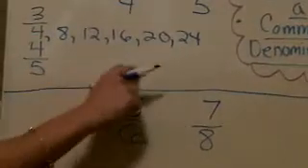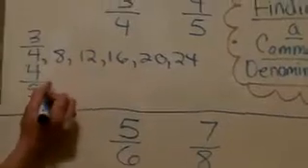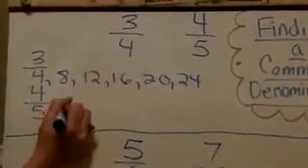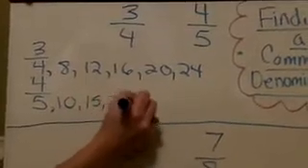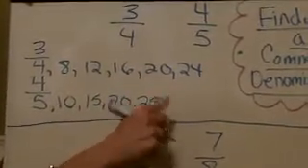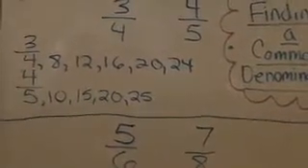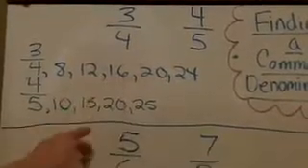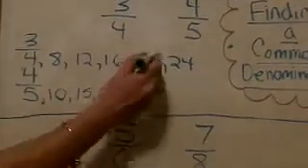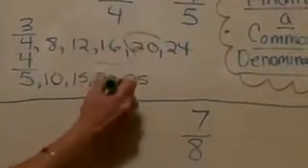Then I'll skip count by 5s to list the multiples of 5. 5, 10, 15, 20, 25. That's probably far enough. Then I'll look and see, do I have a common denominator in these multiples? And I see the lowest one I have is 20. So I circle the 20s.